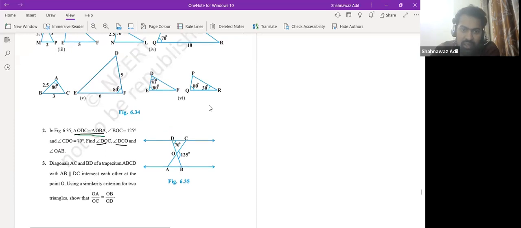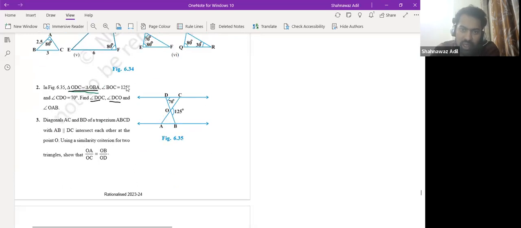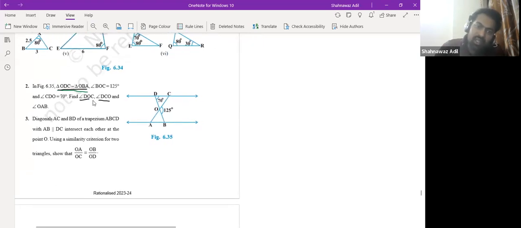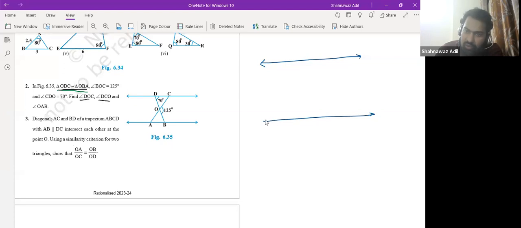In triangle ODC and OBA, let us make the diagram for it. This is 125.